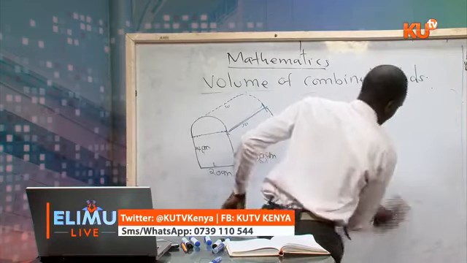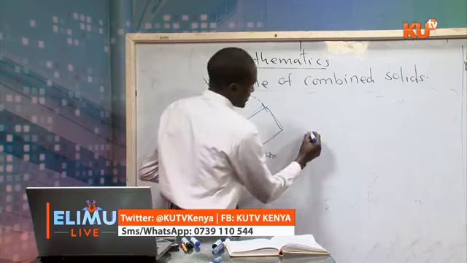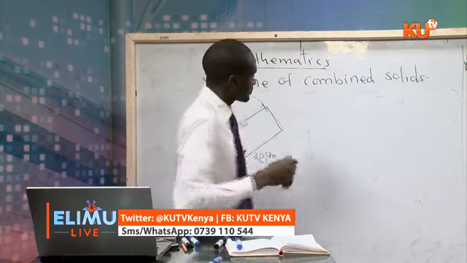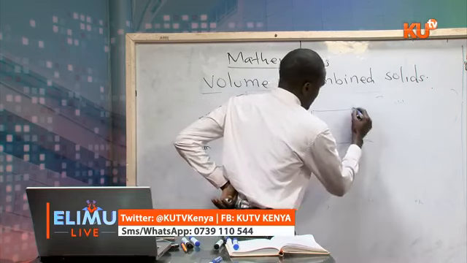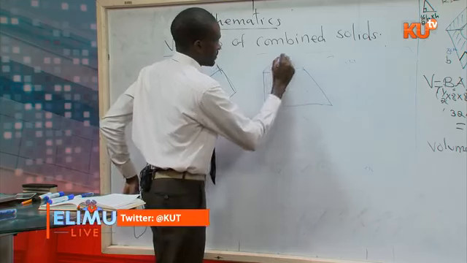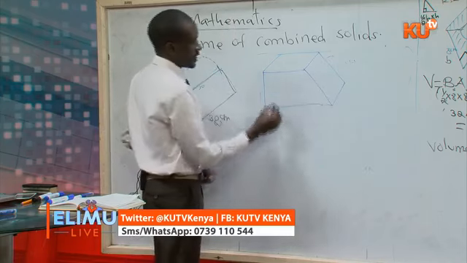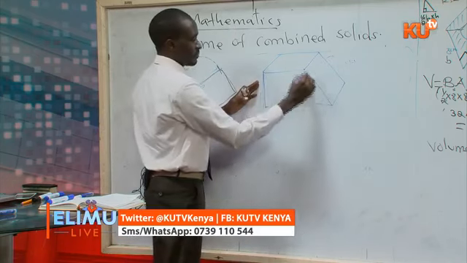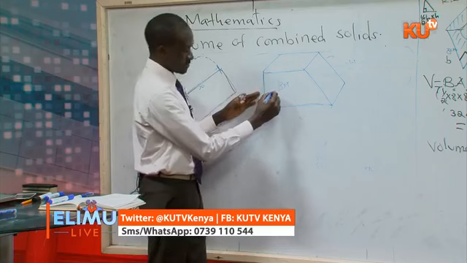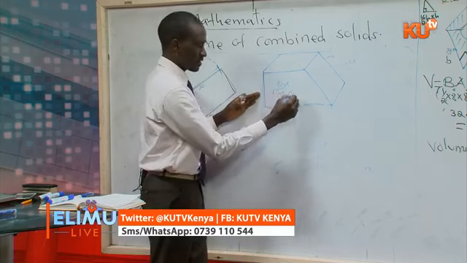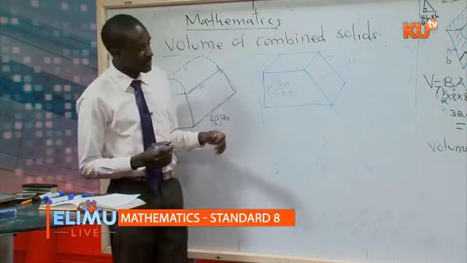Combined trapezium, this is the trapezium, and that will work as the base area. Yes, base area, cross-sectional area. It is the same thing. Cross-sectional area is the base area, for your understanding.